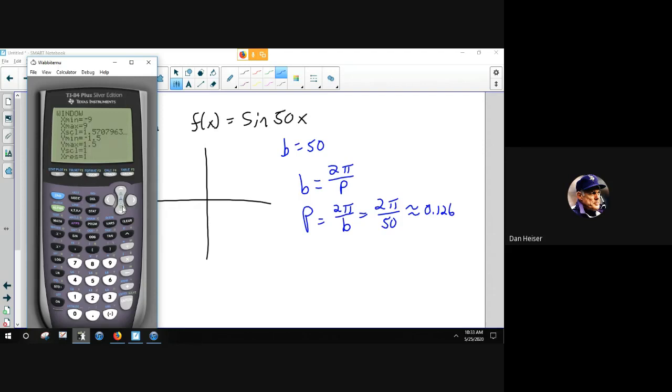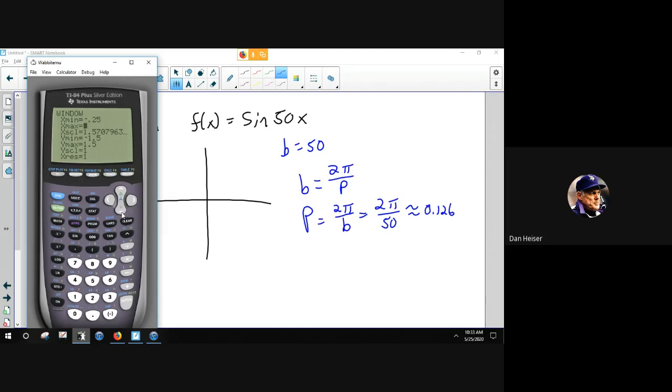So the solution to that is use this period to help us with our x-axis. Let's go 0.25. That's just over 2 periods, and I should make that negative. Negative 0.25. What do you mean syntax? Oh, because I pushed minus, I didn't push negative.